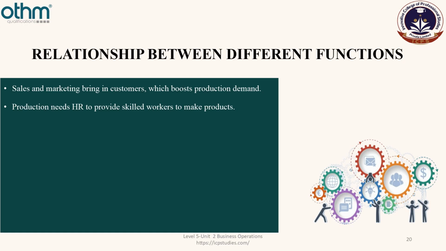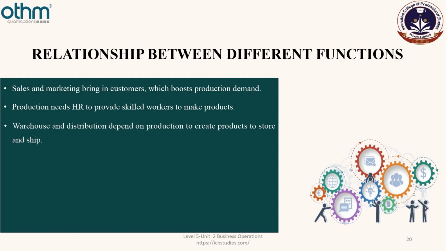If HR is not working properly, or is not providing the people, the production department cannot make the product and cannot deliver the services because they don't have the right people to do the right job. Then the warehouse and distribution depend on the production to create the product to store and ship.